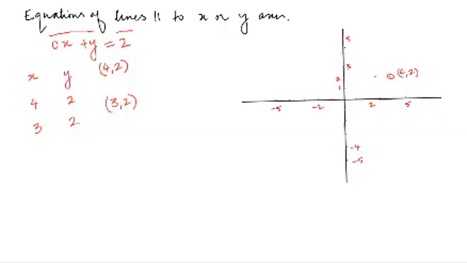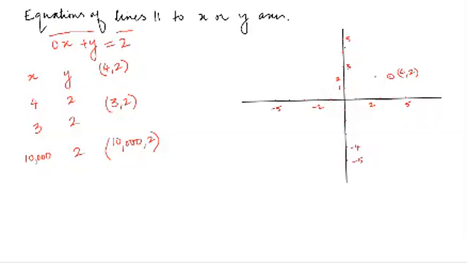So I can take anything now. I can even take x is equal to 10,000. 10,000 multiplied by 0 is again 0, but y should be 2 in order to satisfy this equation. That means 10,000 and 2 is also a solution of this equation.